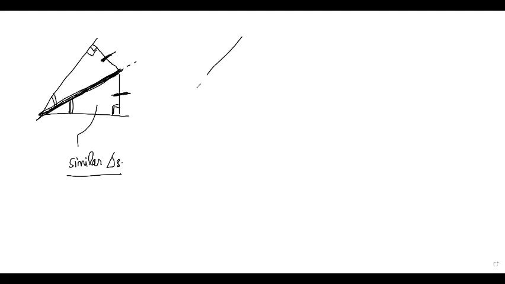So what I want to say is that whenever you draw an angle bisector, any point on the angle bisector is going to be equidistant from the two sides, right, which make up the angle. These distances are going to be equal, right?